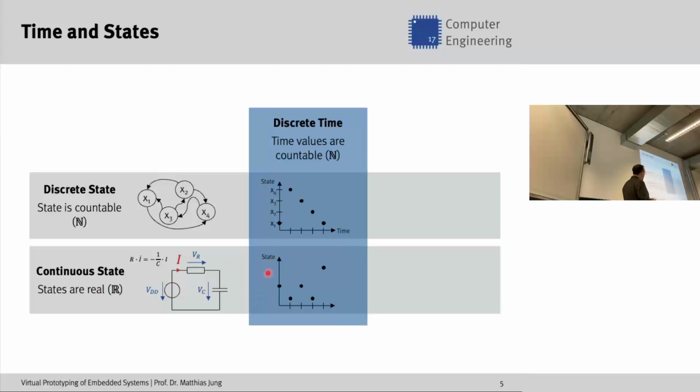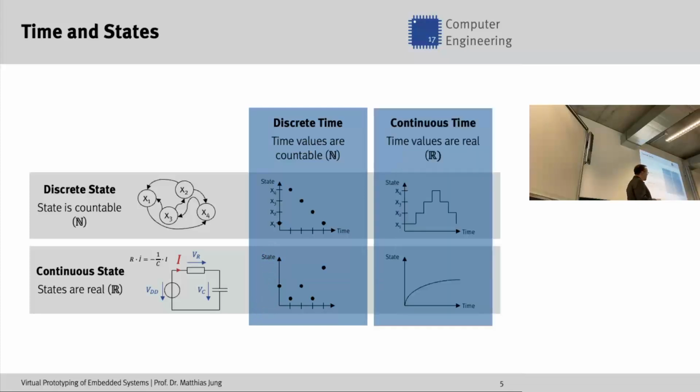It's a continuous space. And then, of course, you can have continuous time, and also the combination. So you have a finite number of states and continuous time, but you could also have a continuous state space and continuous time, and then you can describe functions like charging a capacitor. Yeah? I think that's also pretty obvious.